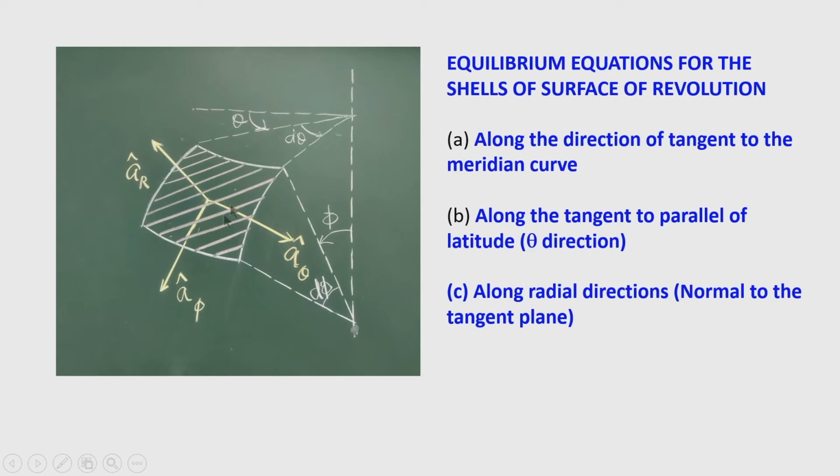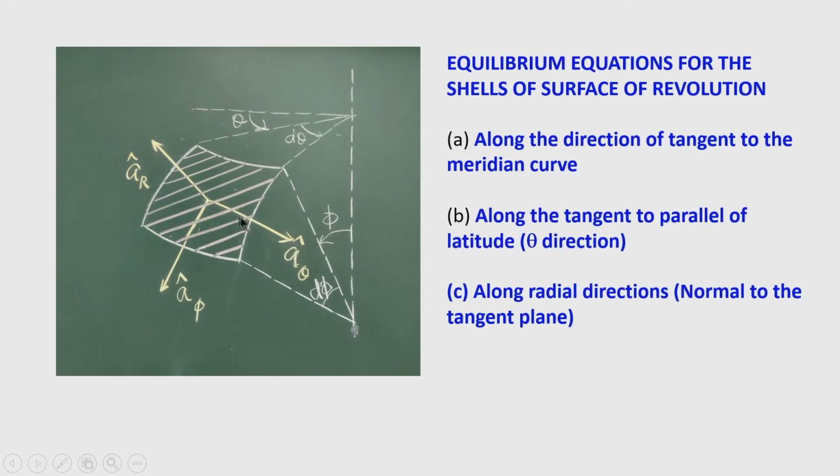Now, for this element, at any point on the shell surface, we have three principal directions, that is theta, phi and r. R is the radial direction.